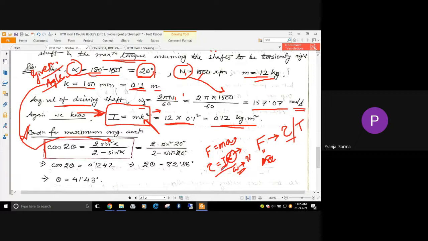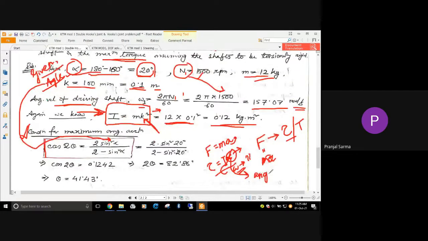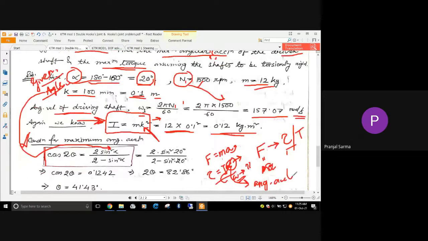And the alpha that we are talking about in the final expression is the angular acceleration. That's why we should use some other symbol here if we can.